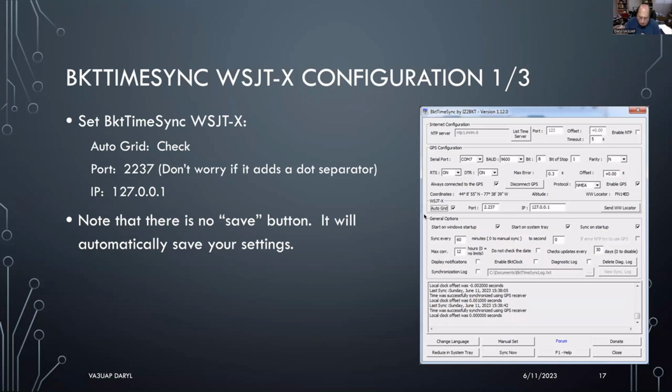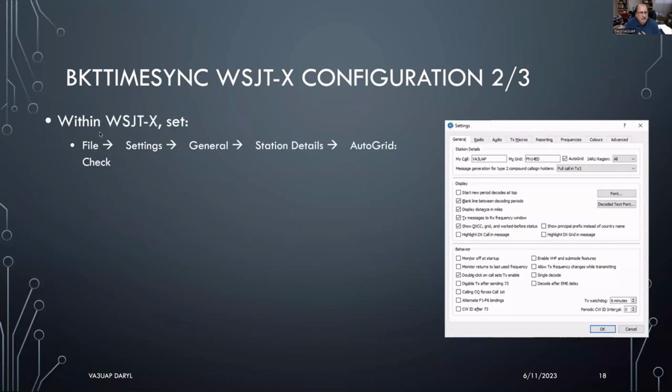So the next one is, now we go to within WSJT-X, the FT8 software we're using, okay? And what we need to set is we need to go to File, Settings. So in the main window, you click on File, you look for the word Settings, and then you go to the General tab, which is off to the right here.